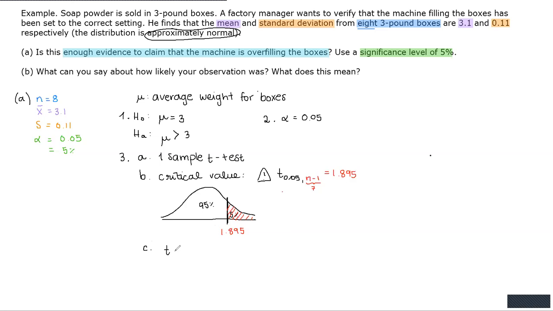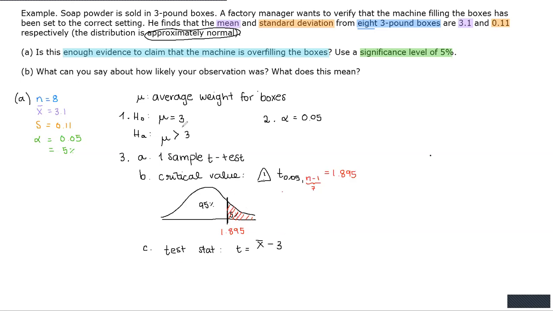And this is given, again, in your notes. The test statistic is going to be T, which is equal to X bar minus the comparison value. So I say mu naught in general, this is just a label for it, but in this case, my comparison value is 3, right?